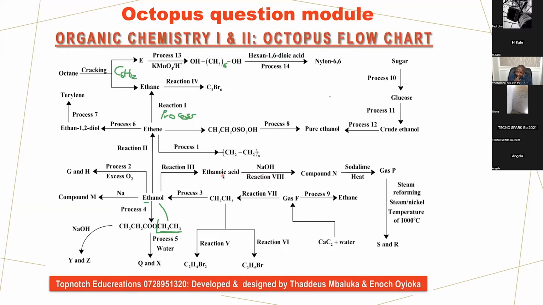If you inhale and it changes from orange to green, then ROH is confirmed present, because it means you have taken a lot of alcohol. So dichromate and potassium manganate 7 will work very well for both of them. Okay?